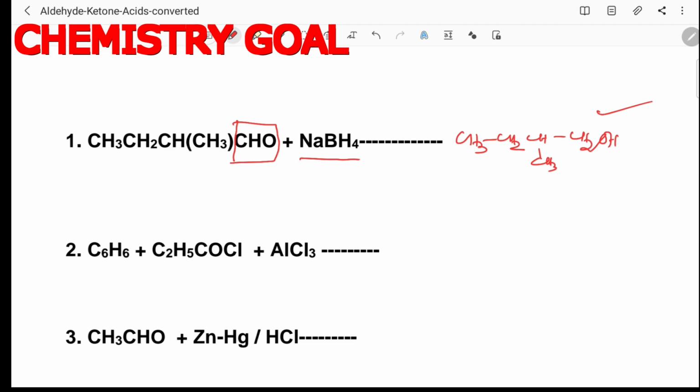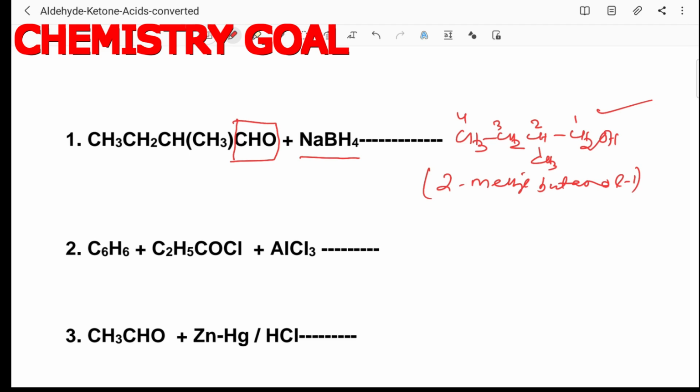If you want to give the name, start the nomenclature: 1, 2, 3, 4. So it is 2-methyl butanol, that is 2-methyl-1-butanol. You can also give butanol 1 because the OH group is on carbon number 1.